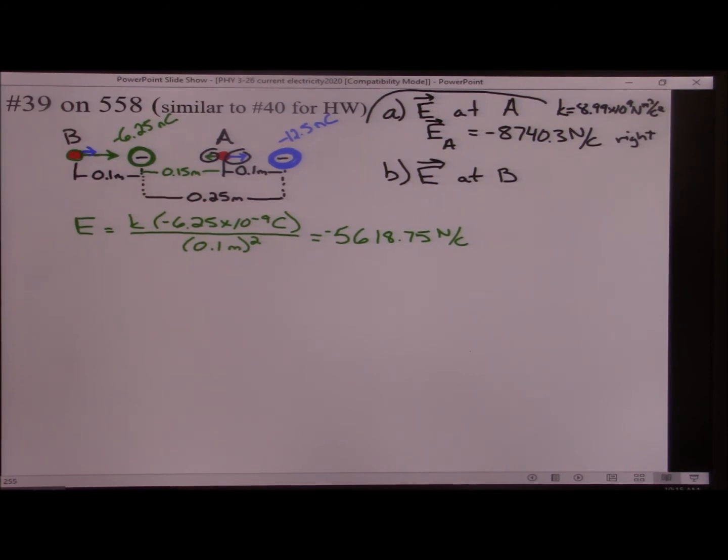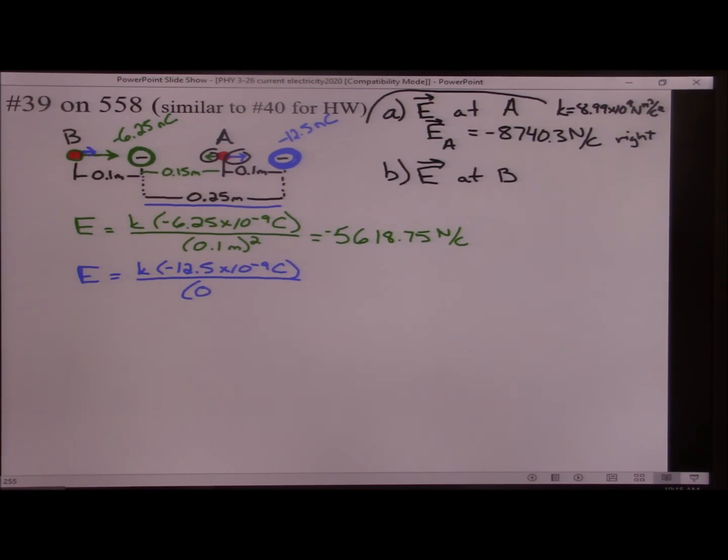Now the electric field from the other charge, that negative 12.5 nanocoulomb, again, it's K, 8.99 times 10 to the 9th, multiplied by 12.5 times 10 to the minus 9th coulombs, divided by the distance here. This distance is 25 centimeters from the blue charge to the green charge, and then point B is 10 centimeters beyond it.